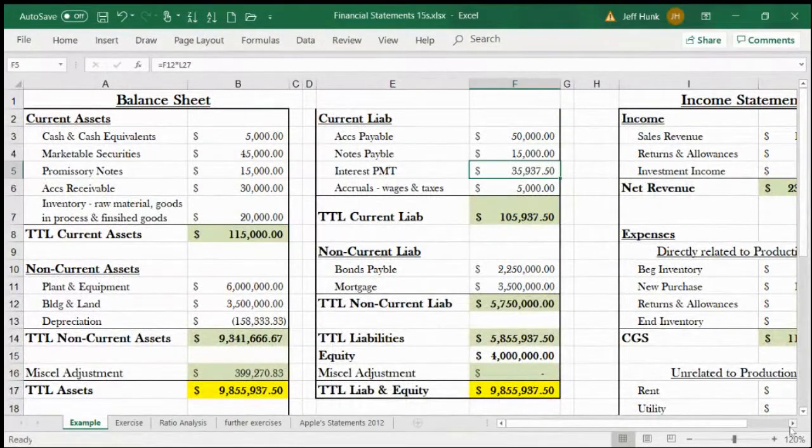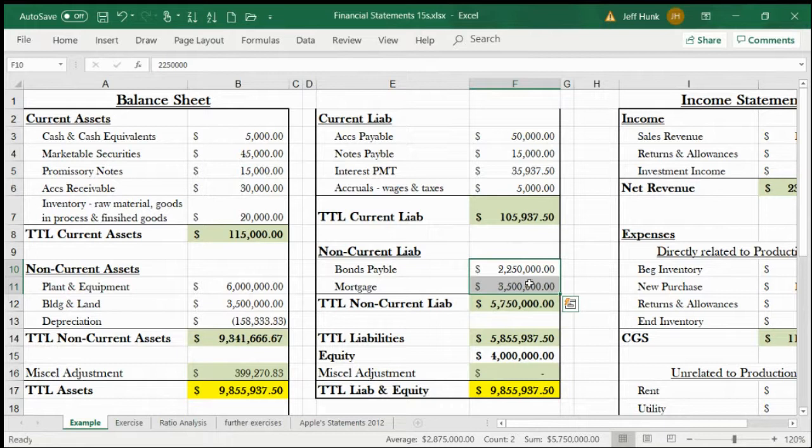So anyway, back to interest, right? Again, now think about it. We assumed across the board, regardless of bonds or mortgage, 2.5%. Now, this is a simplifying assumption, right? Bonds and mortgage are separate debt instruments, so most likely they won't have the same maturity or the same interest rate.